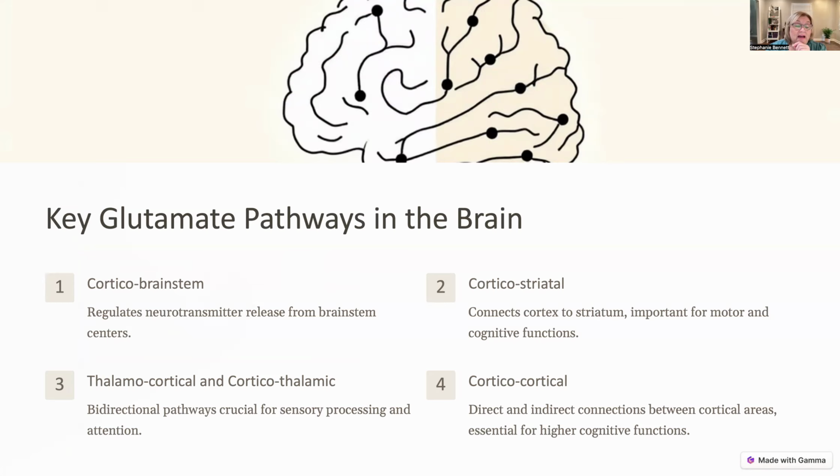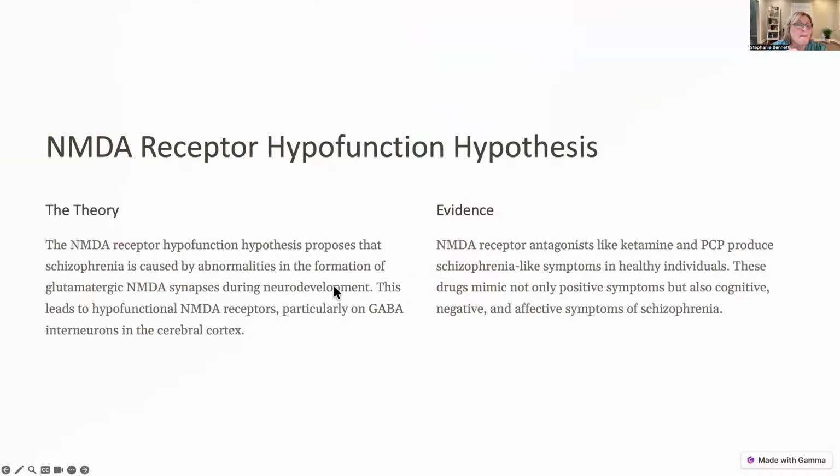The corticostriatal pathway connects the cortex to the striatum. We know that's important for cognitive function. We know that glutamate has some of the same or similar pathways as does our dopamine. So we think it also might be a player in some of the symptoms of psychosis.